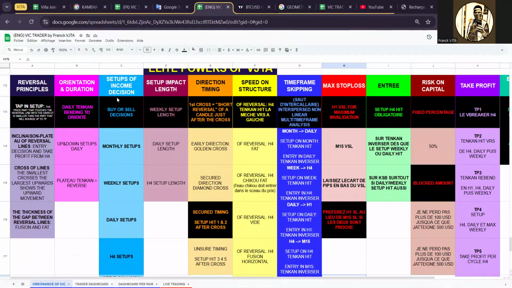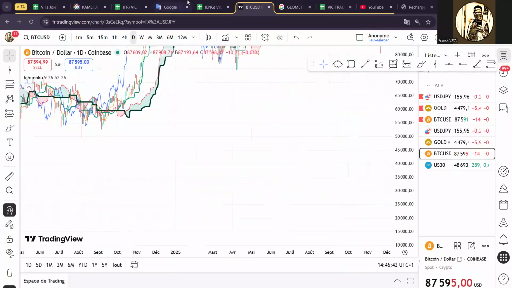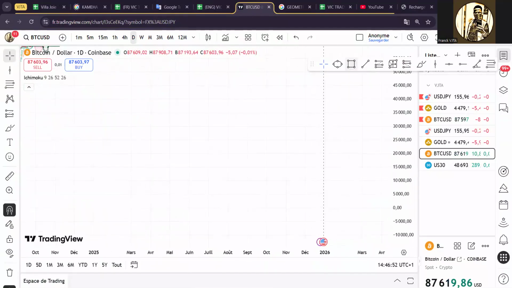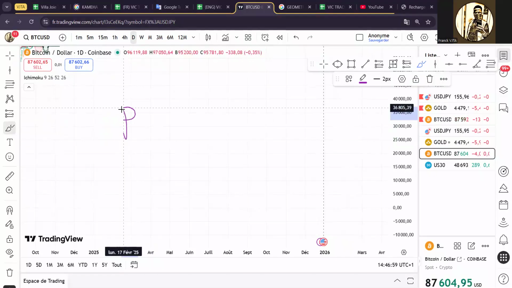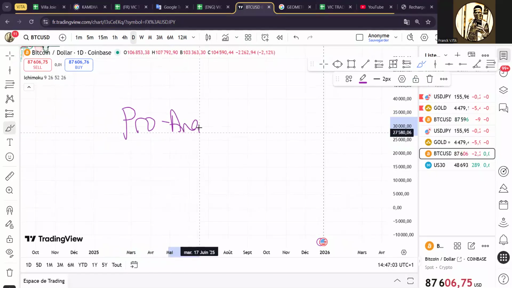So the income decision, look at something about this part of the document. I'm telling you that the income decision, if you want to make trading like a business, you need to. A business doesn't want the uncertainty that a professional analyst has. If you are a pro analyst trader, right?